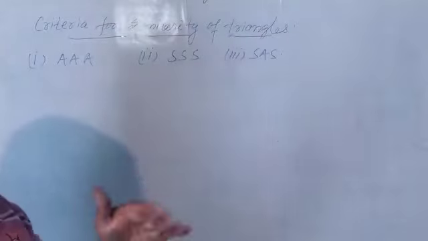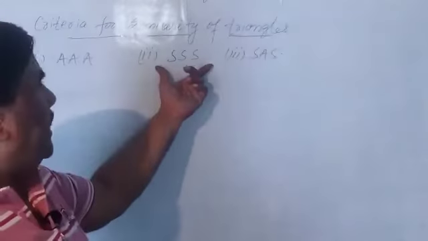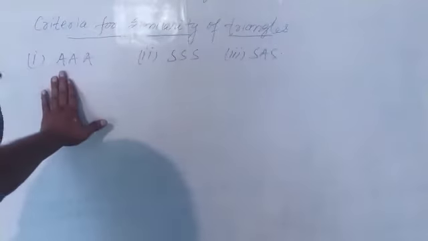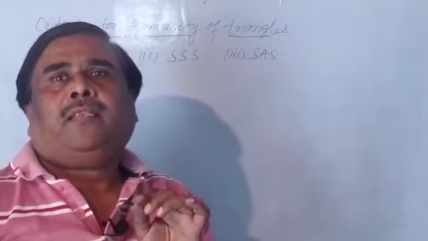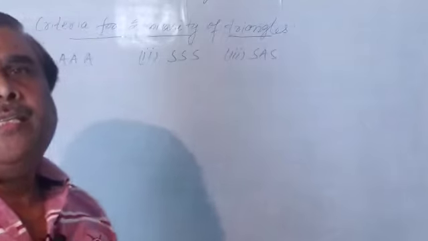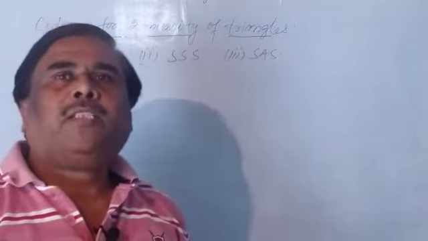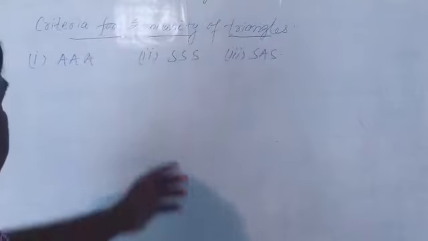First is the triple A criterion. Criterion is the singular form of criteria. So AAA criterion, SSS criterion second, SAS criterion third. In the AAA criterion, if two triangles have all corresponding angles equal, then automatically all their corresponding sides are proportional and the triangles are similar.